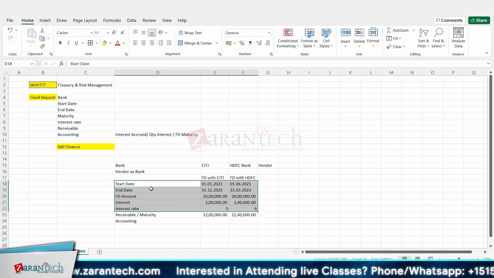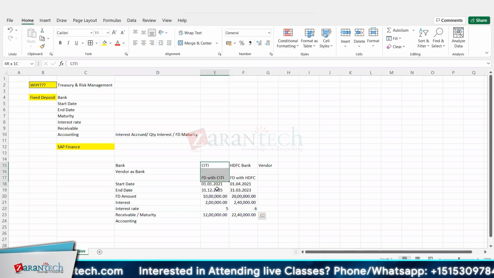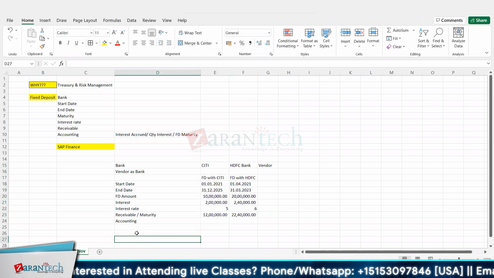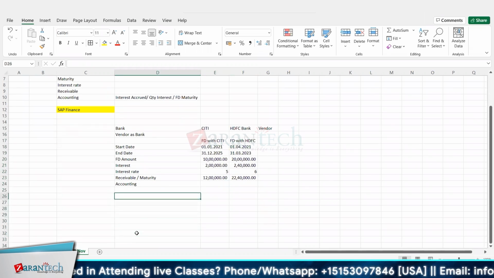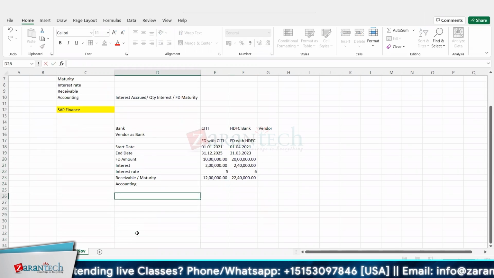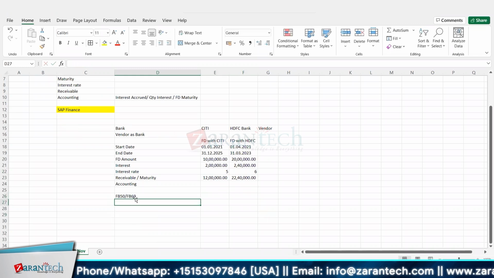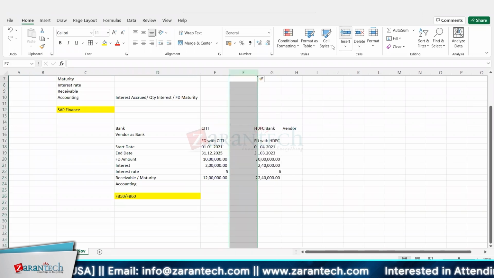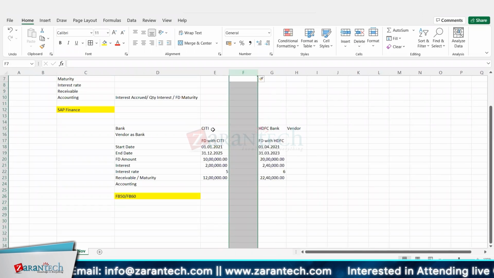How will you manage? Suppose I've created fixed deposit with Citibank, now I'm doing a transaction, FB50 or FB60, to record the fixed deposit in finance. What information will you update? Can you tell me? Would you be able to record all these details in the finance module?